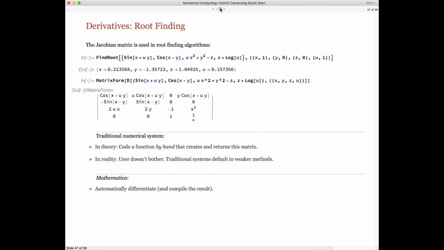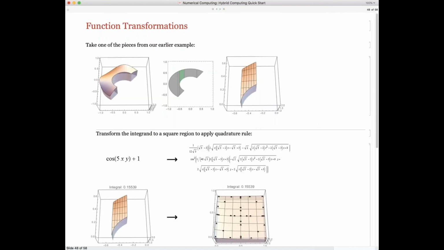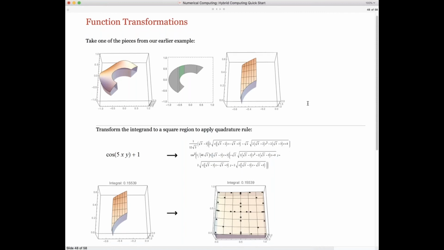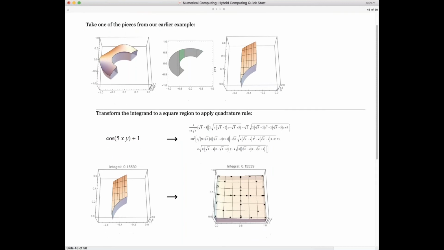Let's take one more example of an optimization that relies on symbolic computation. Consider the piecewise subdivision example we saw earlier. In this example, the integration region was subdivided into 6 pieces, and let's look at one of the integration subregions, this one highlighted in green.